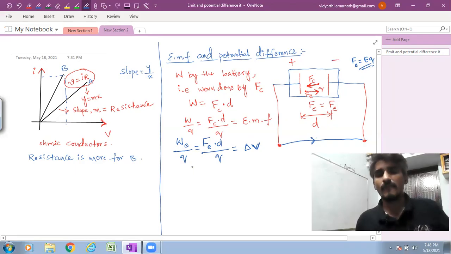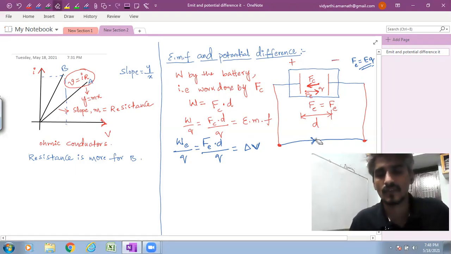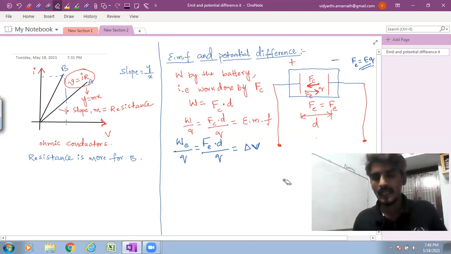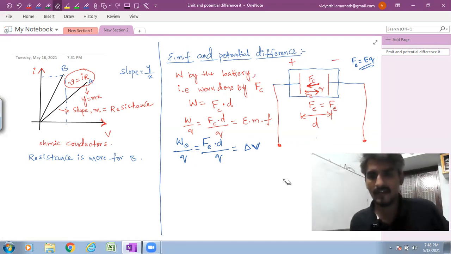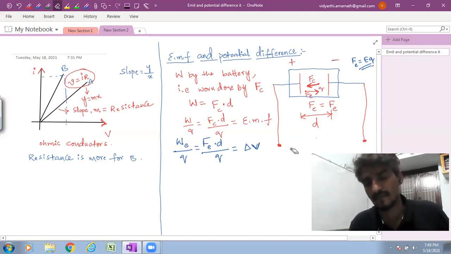See, when this battery is not connected to any wire, simply the two ends of the battery are left free, not connected to any wire. Then what does it mean? It means that the current does not flow through it.